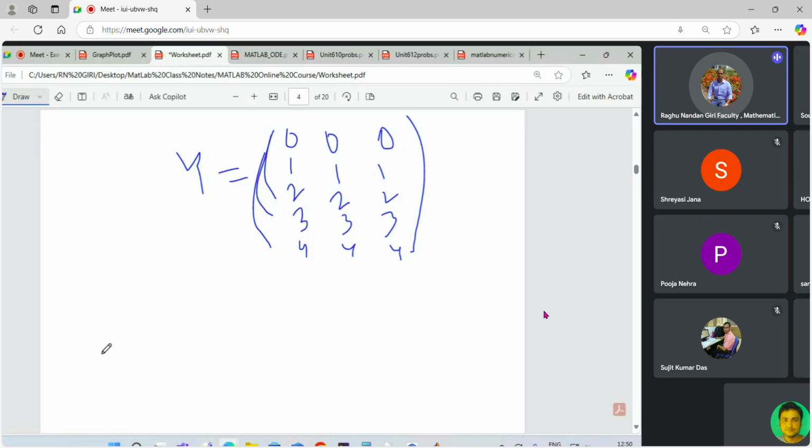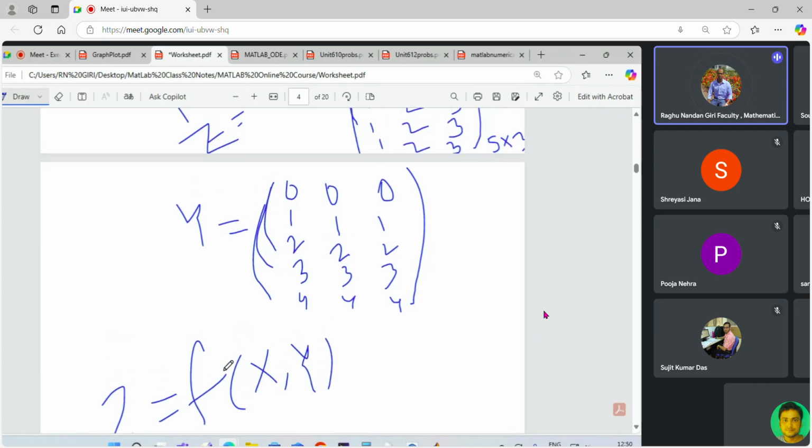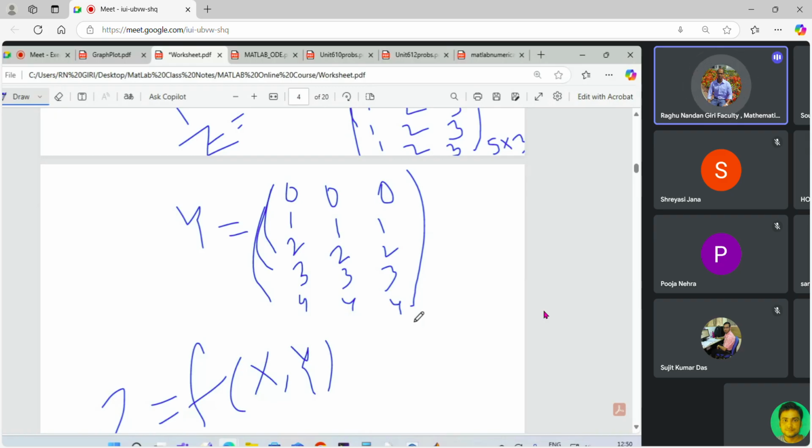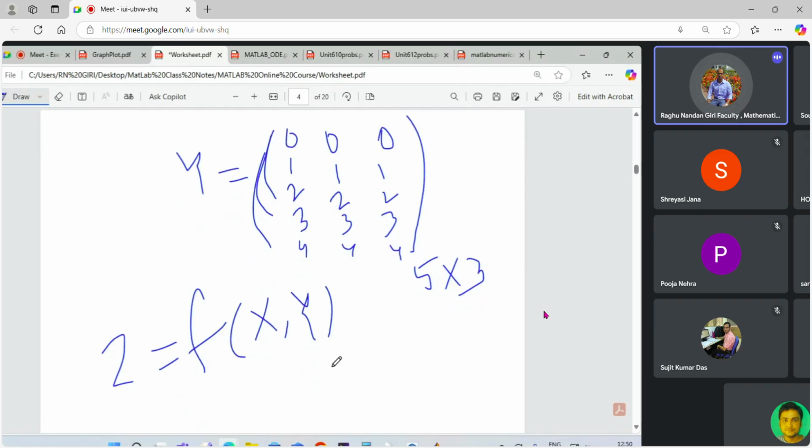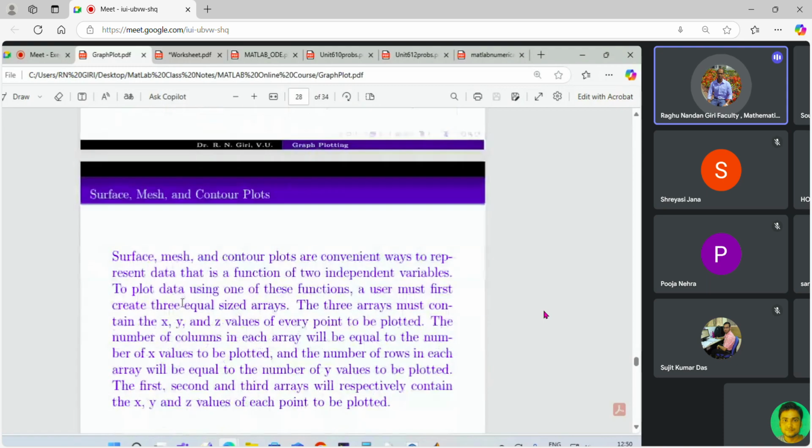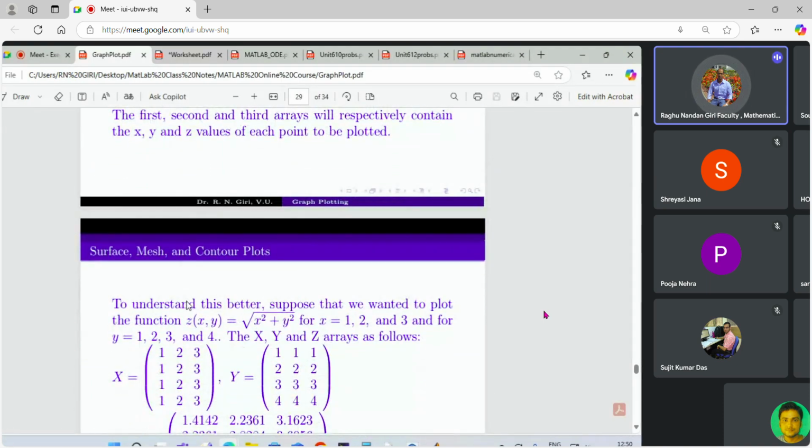This is the y matrix. Then we calculate the z matrix, capital Z equal to f of x, y, where f is a function of x, y. Then Z is also a matrix of order 5 by 3. This is called the grid matrix.